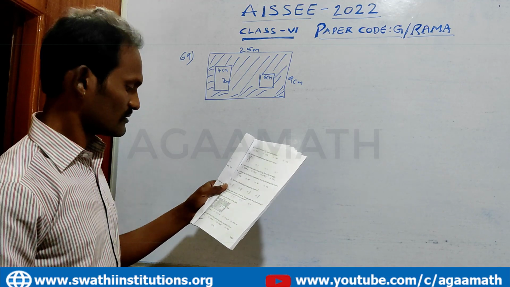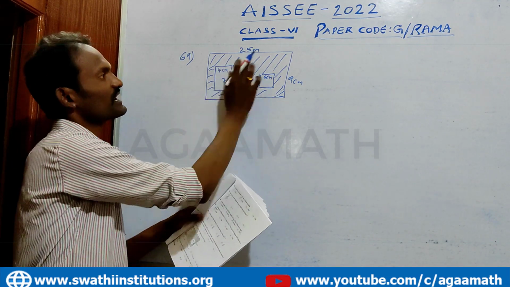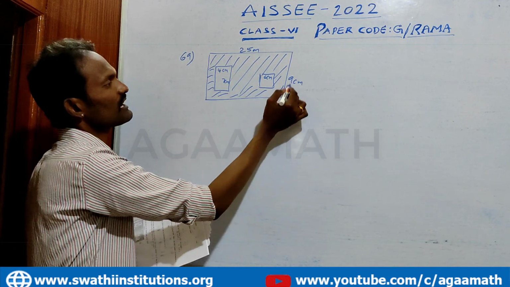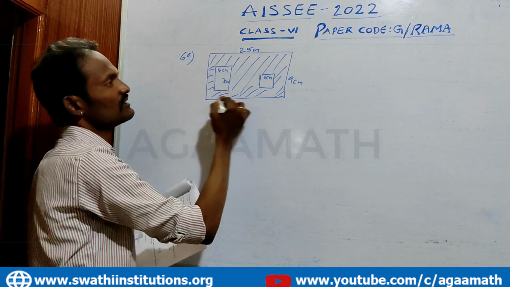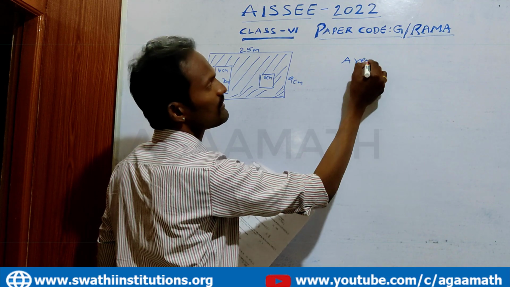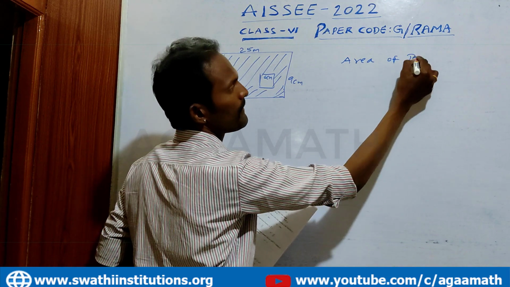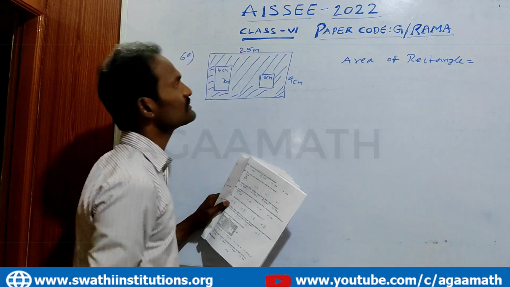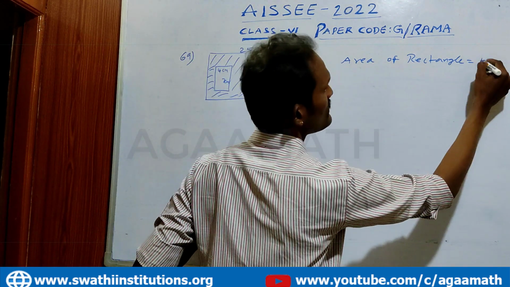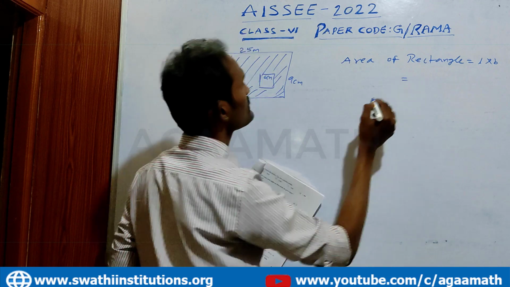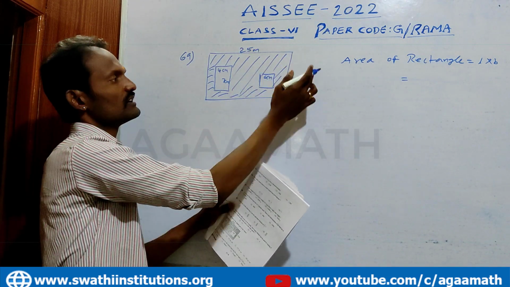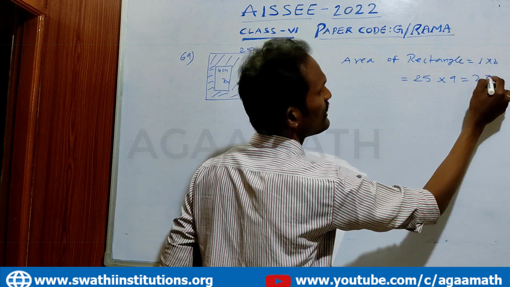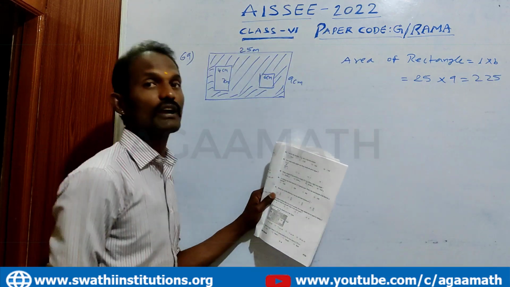Okay, now the question is to find the area of this shaded part. Very simple. First of all, we'll find the area of the total rectangle. Area of rectangle equals length times breadth. The length is 25 meters and the breadth is 9. So 25 times 9 equals 225 square meters.